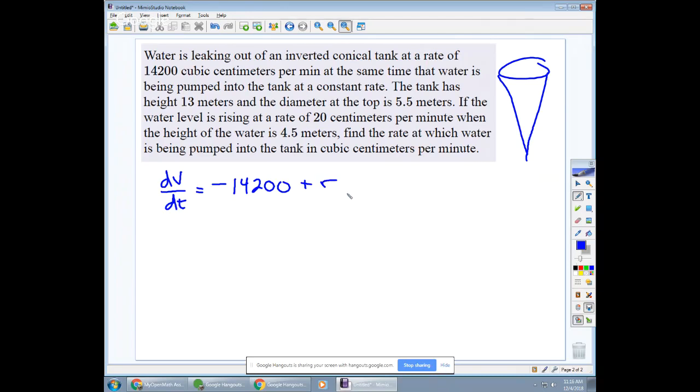I'm just going to call that R, so plus R, and they don't tell us what the rate is. That's what we need to figure out. Find the rate that it's being pumped in. Might not want to use R because there's a radius. Okay, we'll call it X then. Call it W for water. All right, call it W.